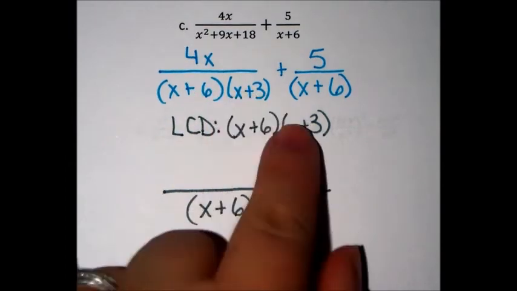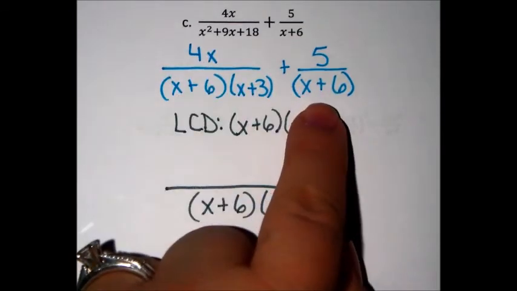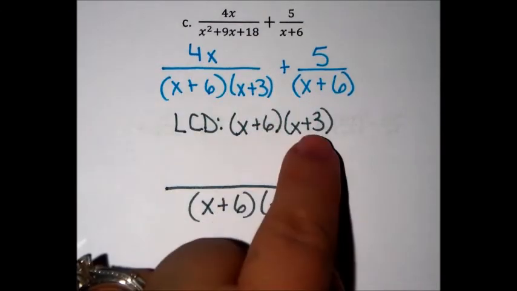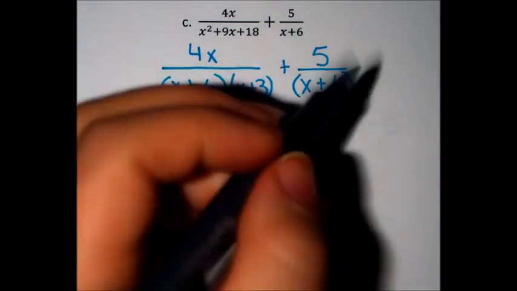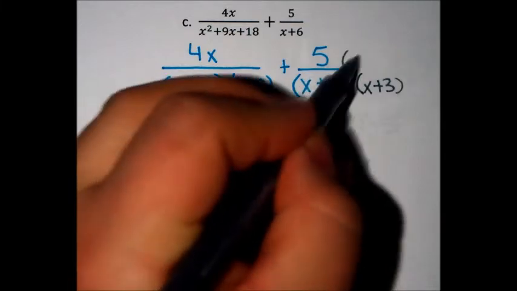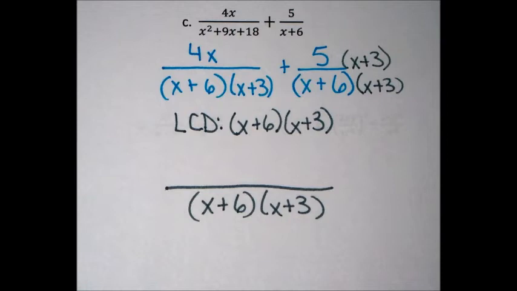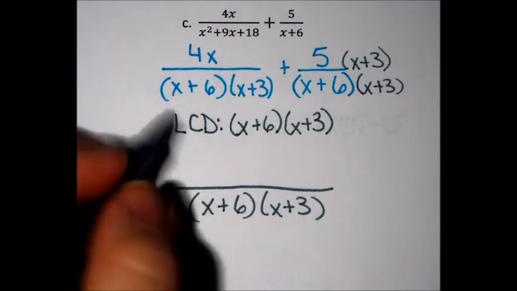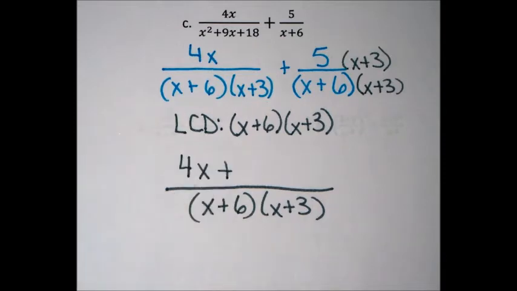Take a look at the first fraction. It's already got the common denominator, so I don't need to multiply this by anything. But the second fraction is missing an x plus 3. So I'm going to multiply the top and the bottom by x plus 3. So I have 4x.